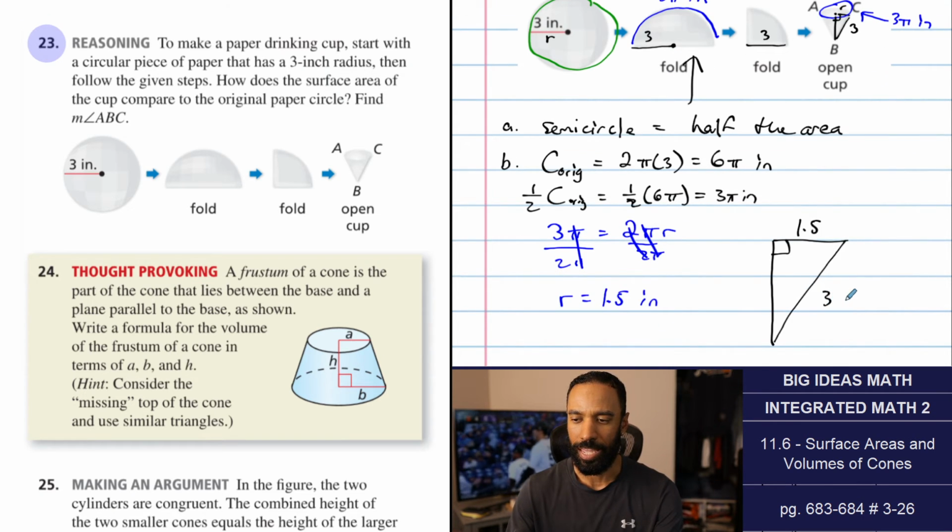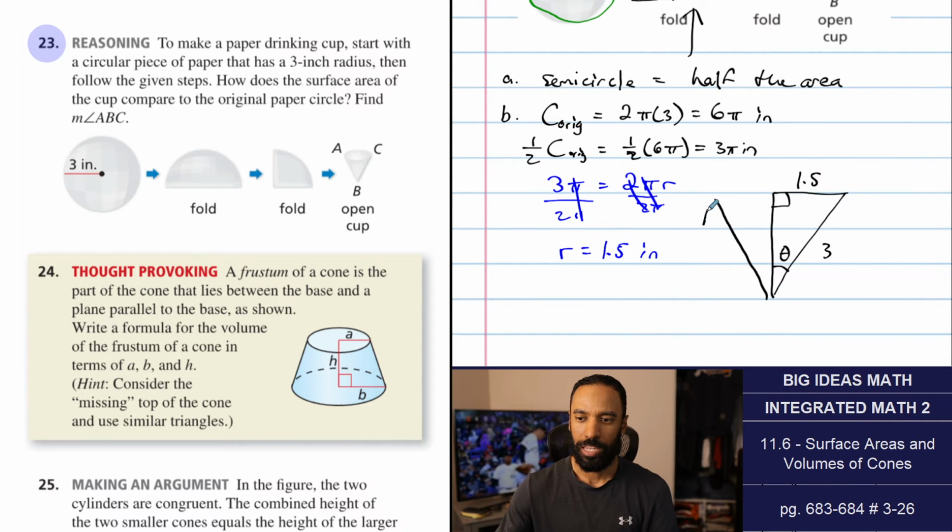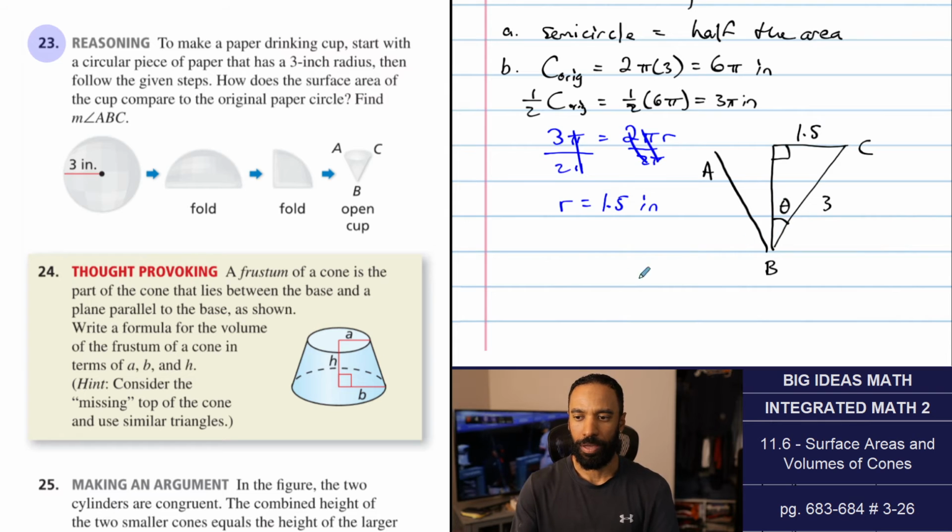height of 3 inches. And I need to find this angle here, and that's only half of what the measure of angle ABC would be. Here's A, B, C. But let's first find out theta. Theta is the inverse sine of 1.5 over 3. Oh, well, here's the thing. That's inverse sine of 1/2.